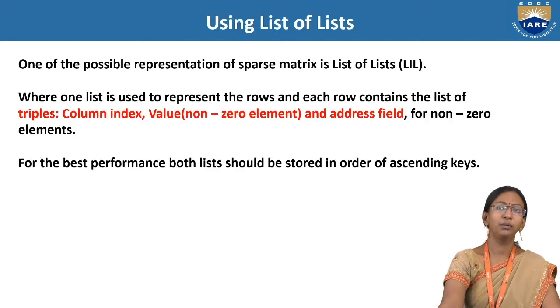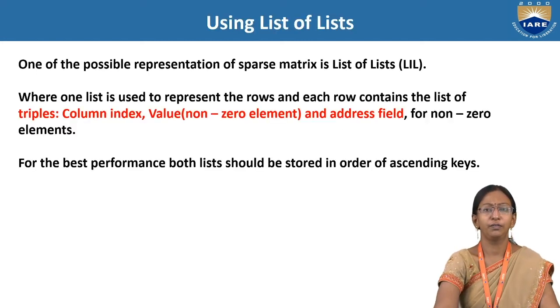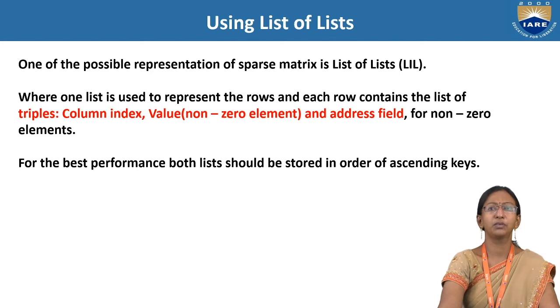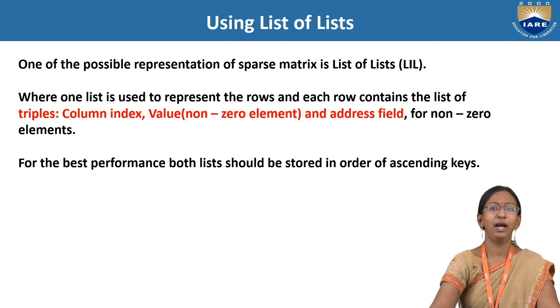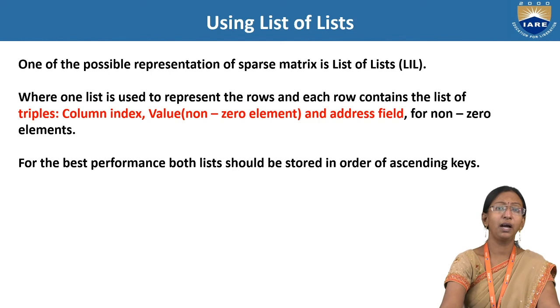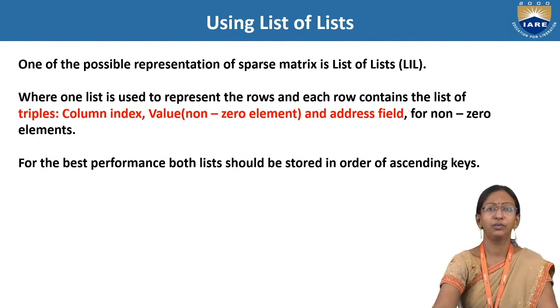So even that can be overcome using a list of lists, right? It is a basic representation where each row contains a list of triples, that is the column, value and address. Remember, I'm interested only in non-zero values, right?